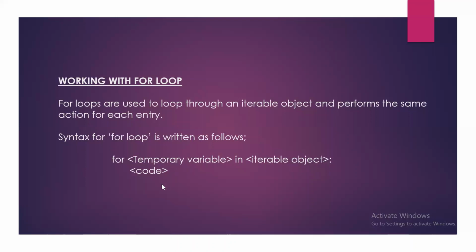Then we give a colon and specify the action which we want to perform upon that iterable object for each entry, element, or item of that object. So if we read this statement, we will phrase it like: for an element in an iterable object, please run this specified code. And this specified code can be any action. So let's see how we can use the for statement in Python.